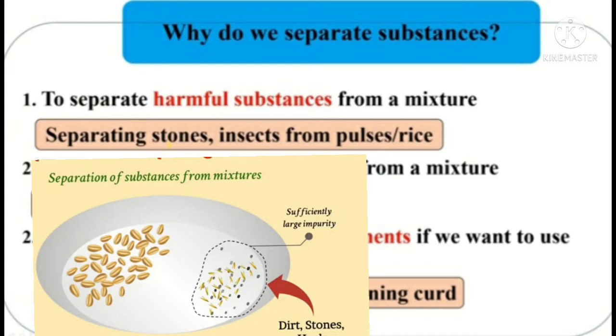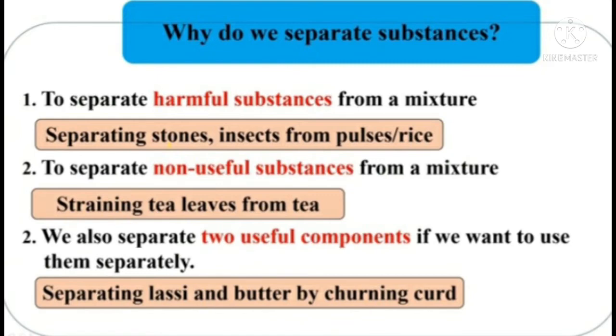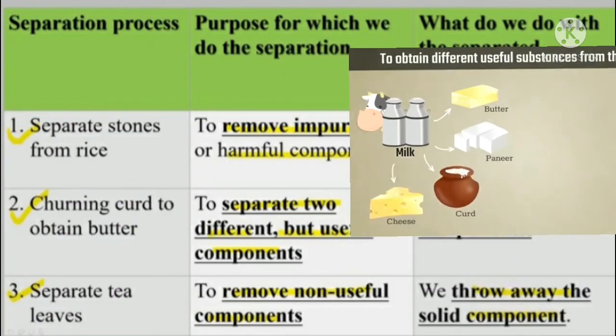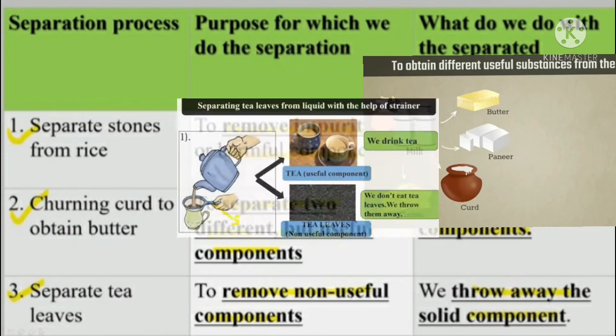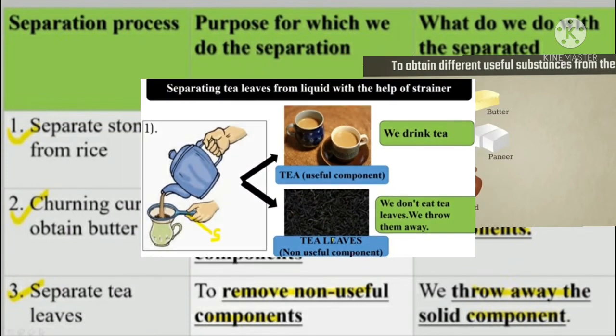Because to separate harmful substance from a mixture, we separate stones, dirt, insects from the grains before cooking it. In the same way, if we want all the substances from curd, we need to separate it. We remove non-useful substance from the tea and we use tea and throw away the tea leaves.